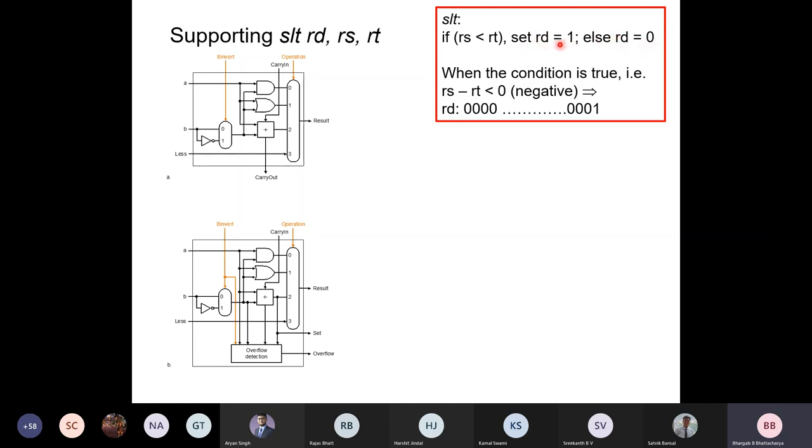What is meant by setting RD to 1? When the condition is true, that means the subtraction result is negative, or less than 0, then RD is set to 1. It means the least significant bit of this register should be set to 1 and all other bits should be set to 0. And if the condition is not satisfied, then all bits should be set to 0. That is the meaning of SLT.